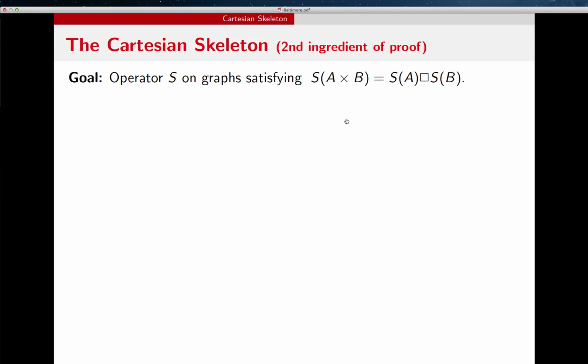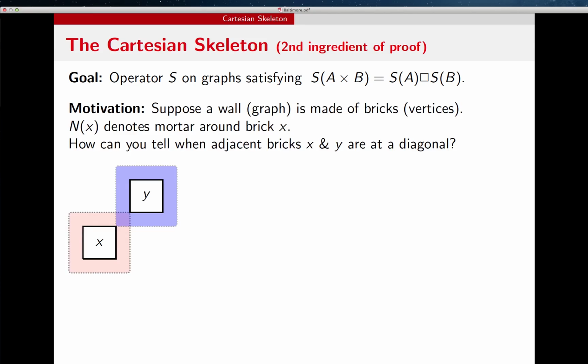Now, to motivate this, imagine that you sort of think of your graph as being a wall made up of bricks. The bricks are the vertices of the graph. And let's let N of x, which you think of as the neighborhood of x, denote the mortar around a brick x.